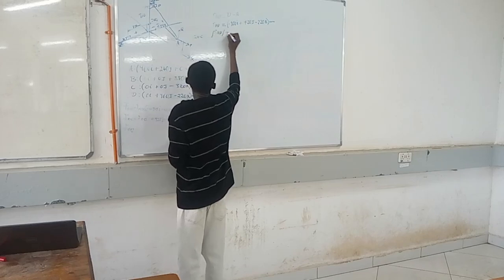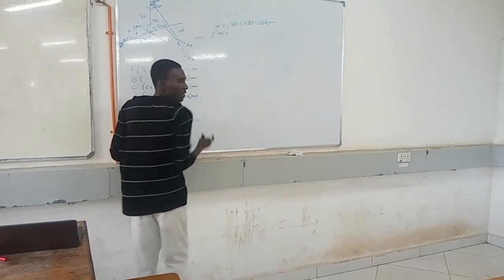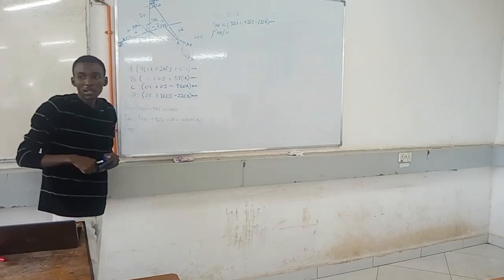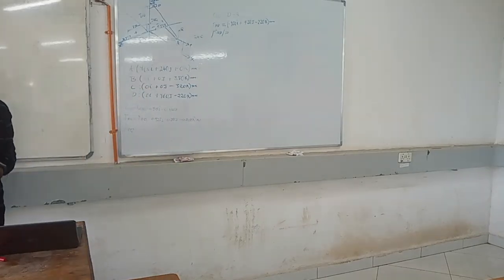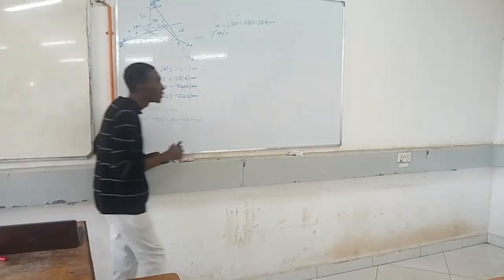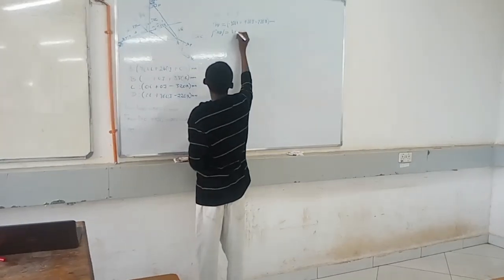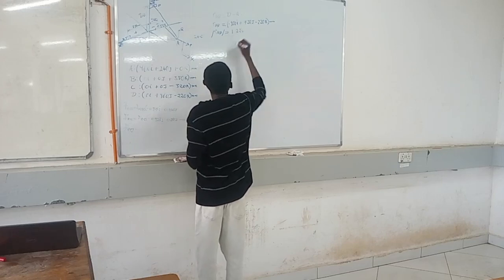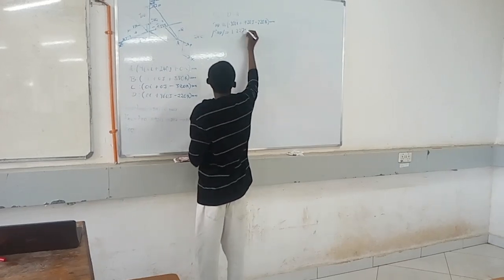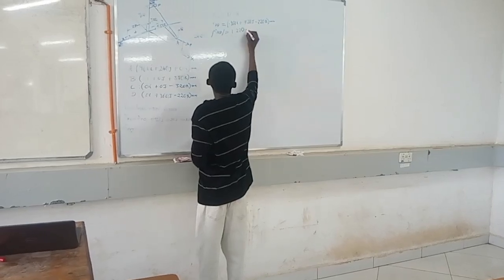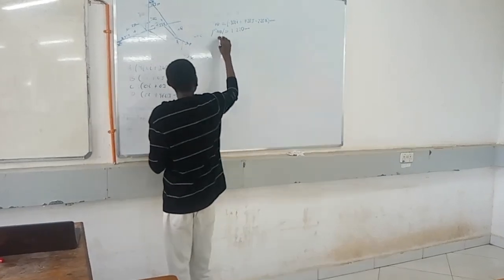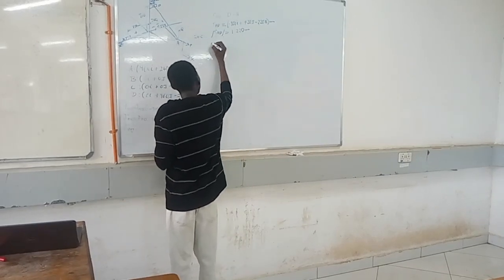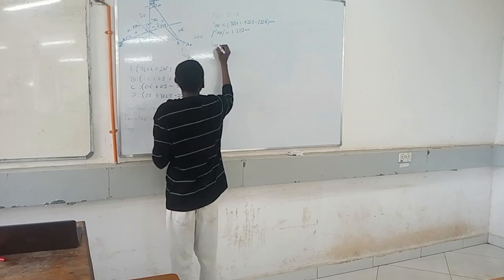So the next step is to find the magnitude of AD. You can punch it in and tell me the magnitude of AD. It is 1,220 millimeters. Apart from finding the magnitude, you also need to find the unit vector of AD.